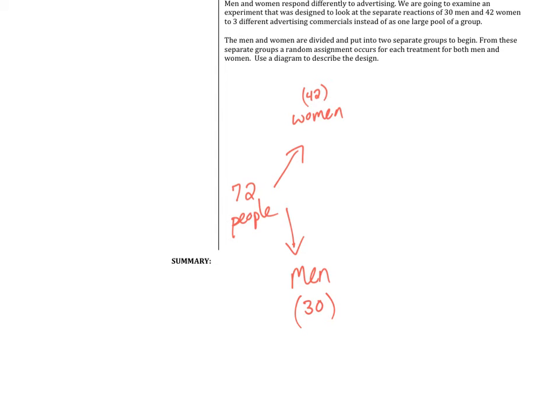Okay. So now we're going to break these apart into groups. It says that they see 3 different advertising commercials, so we're going to break them into 3 different groups. 1, 2, 3 groups.